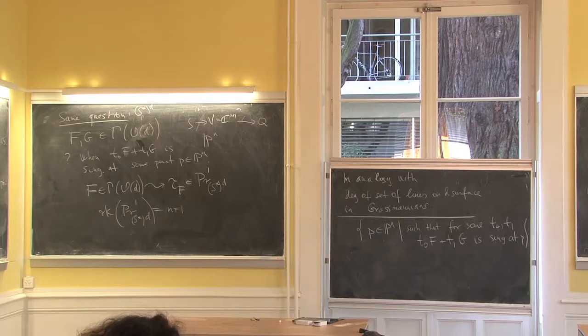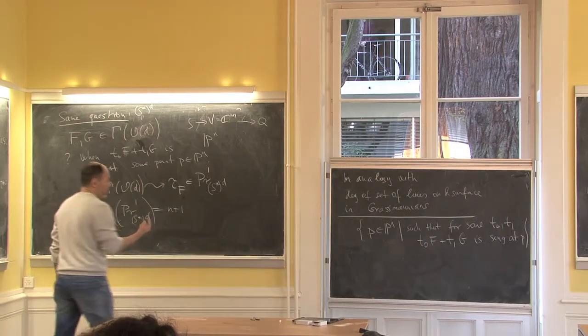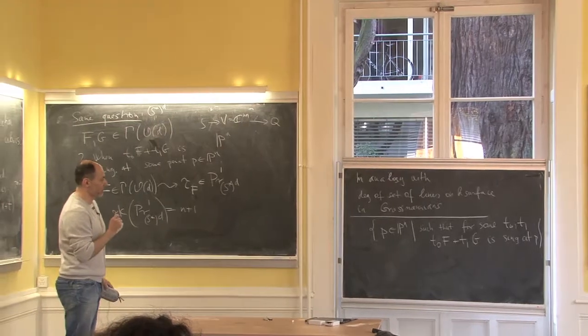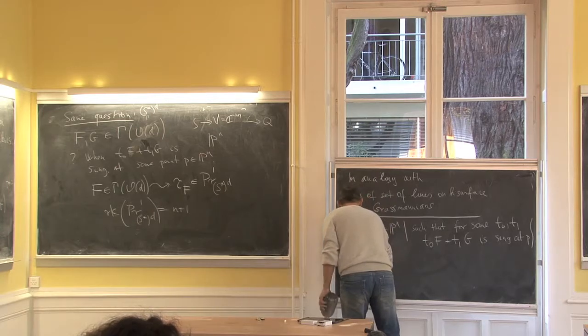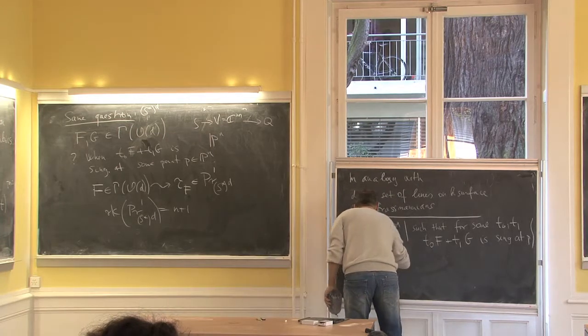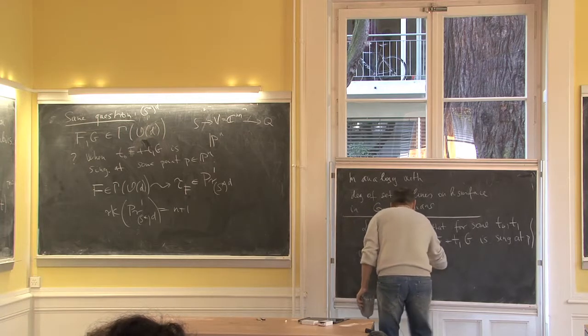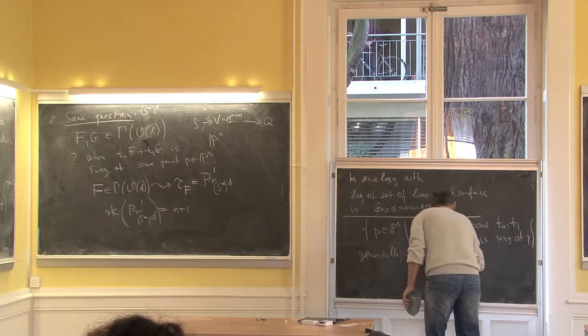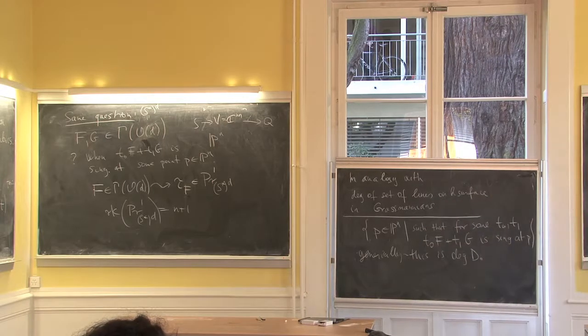And the point is that because we know that generically every singular hypersurface has just one singular point, this number will calculate the degree. So generically, this is the degree, because we're trying to count hypersurfaces.